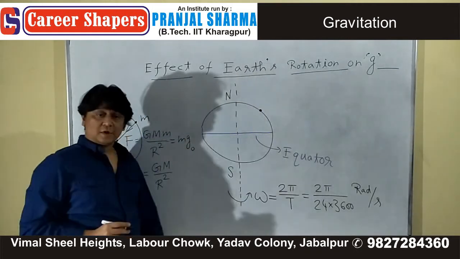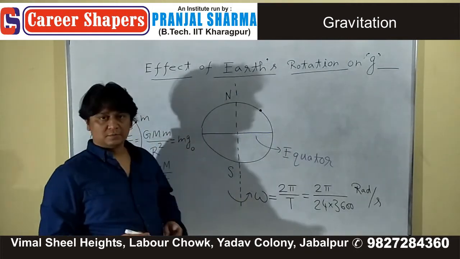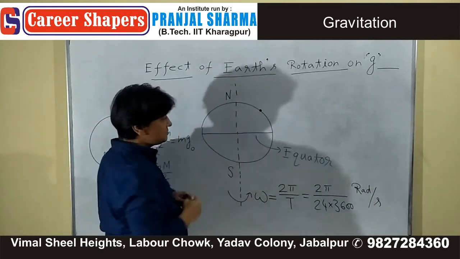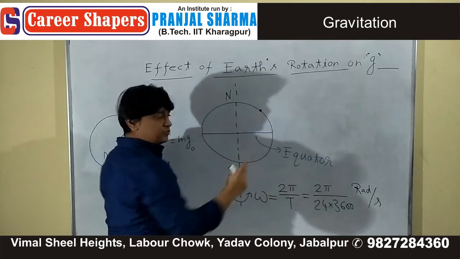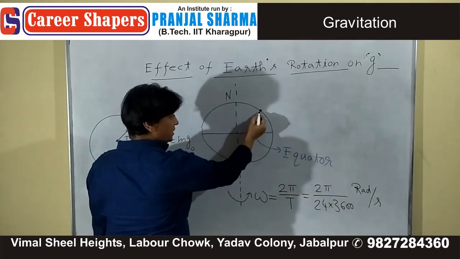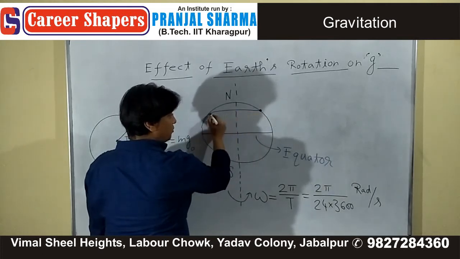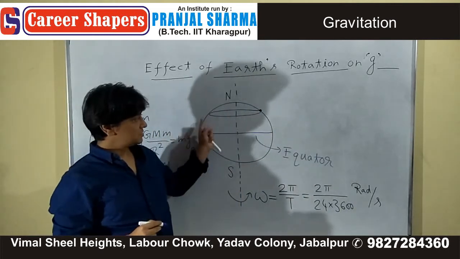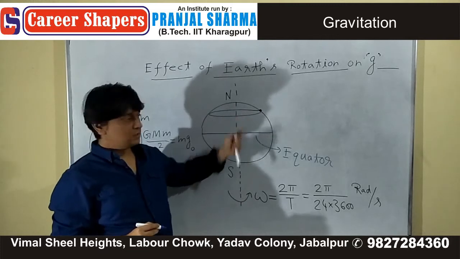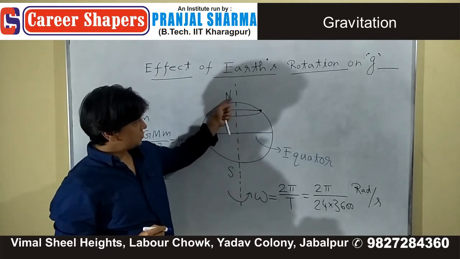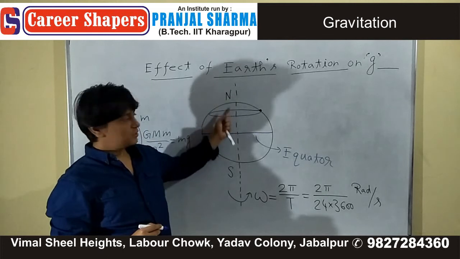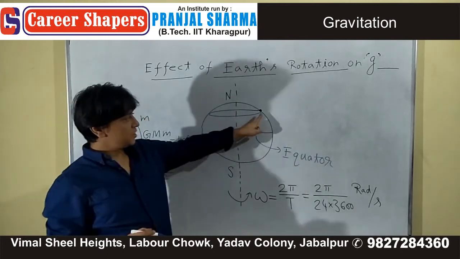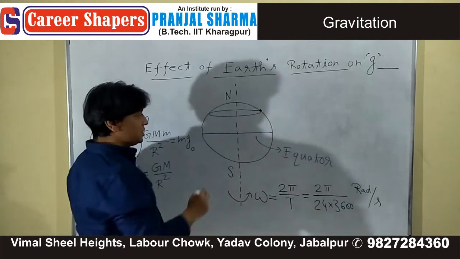But because of this rotation, what happens? At this point, the thing which is present at this point is also completing a circle like this, a smaller circle. As you approach North Pole, the radius of this circle will become 0. Right now, let's say you are present at this point.